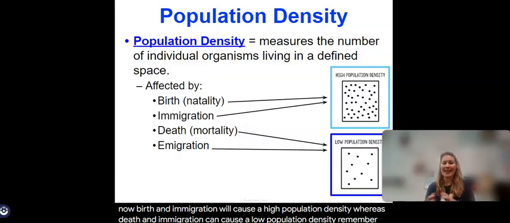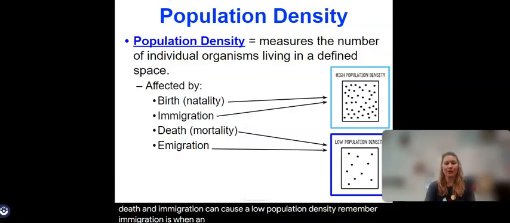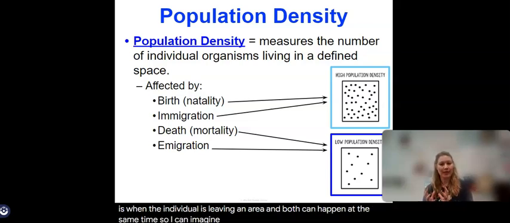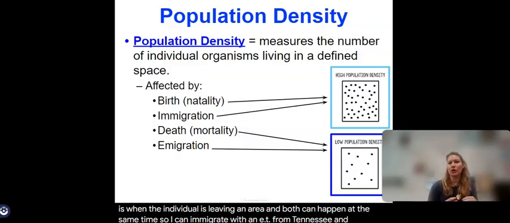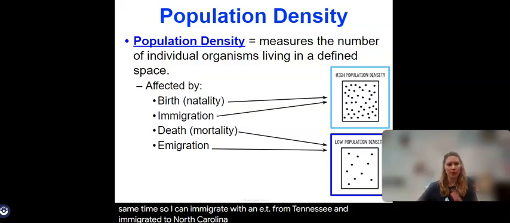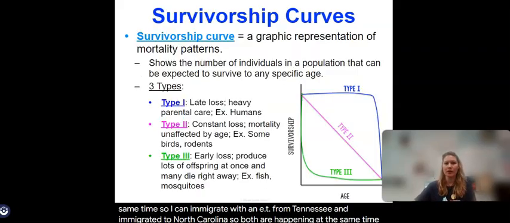Remember, immigration is when an individual is moving into an area, and emigration is when the individual is leaving an area, and both can happen at the same time. So I can emigrate with an E from Tennessee and immigrate to North Carolina. So both are happening at the same time.